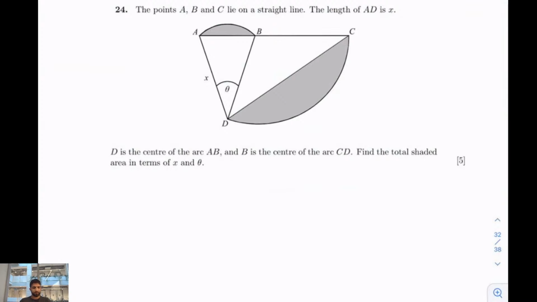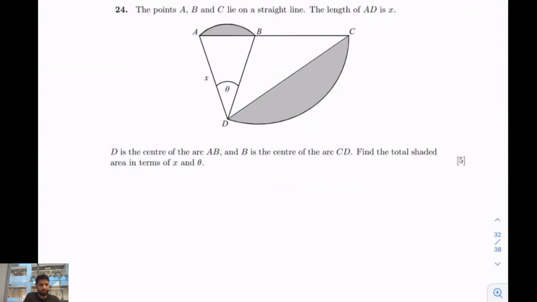Again, this is another standard question in PAT where you have got different shapes, circles, triangles. Some parts are shaded, and in some cases, we just want to find the area of the shaded region, or in other cases, we want to express one in terms of the other.